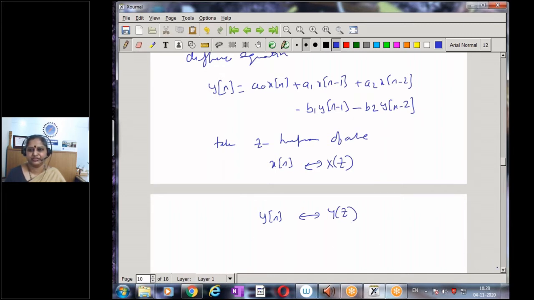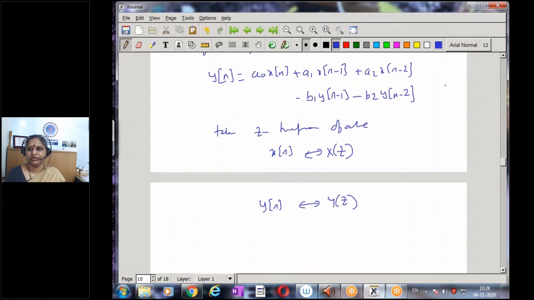If I take the Z transform of the difference equation, what we get is Y of z equal to, since I'm taking the Z transform on both sides, I can have an equal to. I'm moving into the Z domain for both the left hand side and the right hand side of the equation.